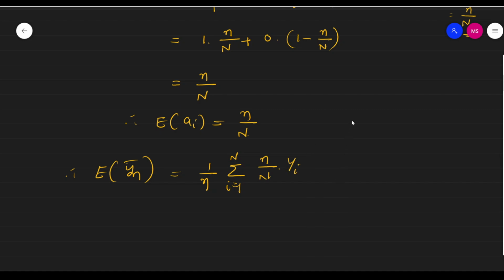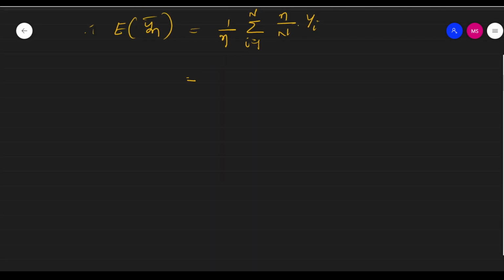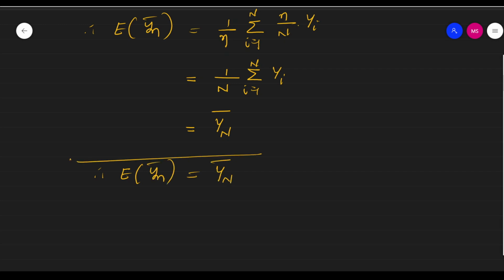So n cancels, and next is 1 by capital N summation i running from 1 to capital N yi. This is the population mean formula, that is capital Y N bar. Therefore, expectation of small y n bar is equal to capital Y N bar. So in simple random sampling without replacement, the sample mean is an unbiased estimator for the population mean.